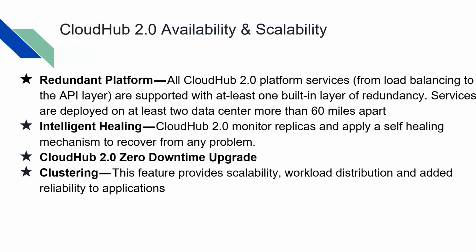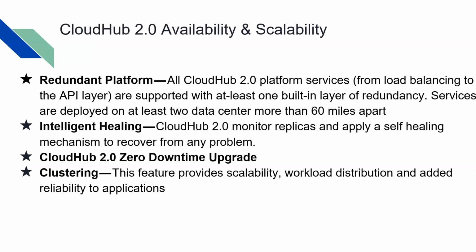When the deployment of the newer version is fully completed, the newer version takes the place of the older version. So the entire upgrade happens without customers facing or sensing any downtime.